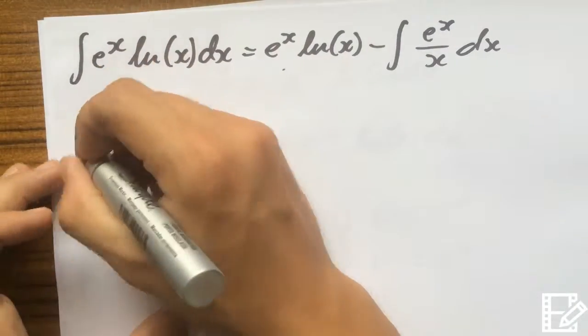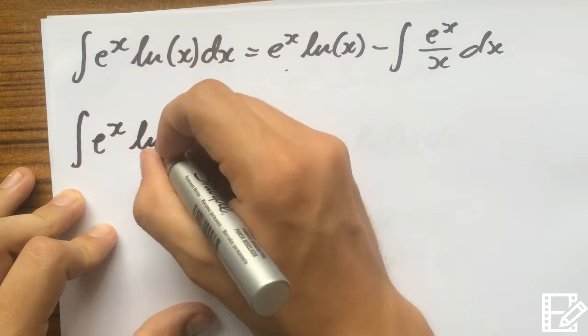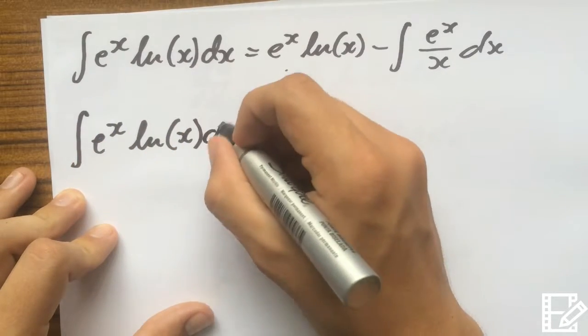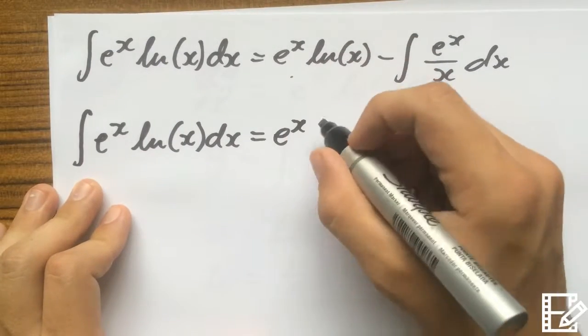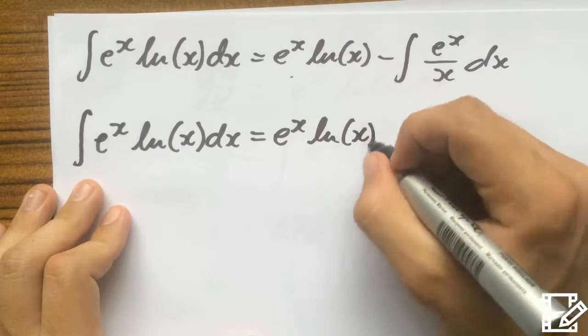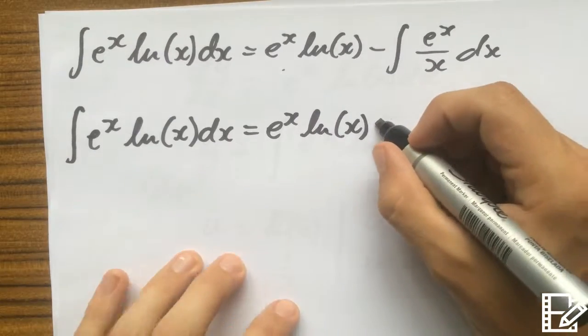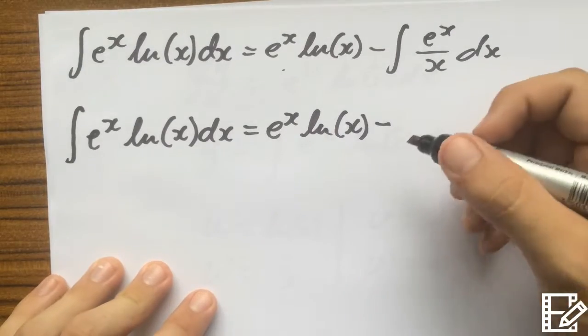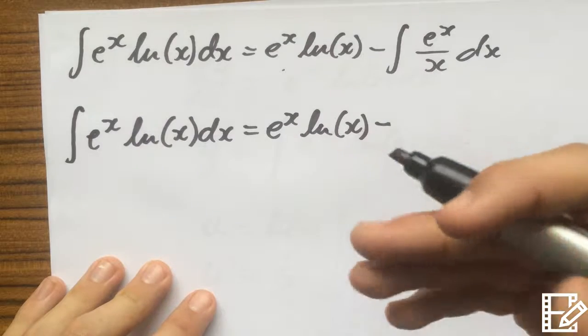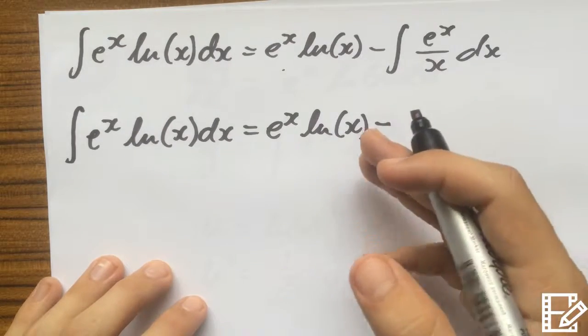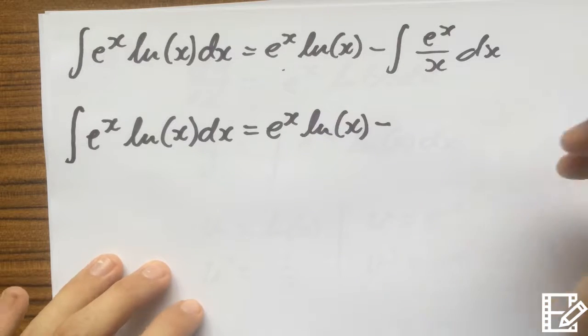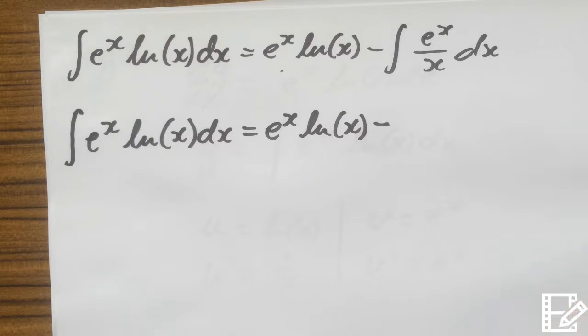but I'm going to rewrite this out because this will be answering the question now. Okay, e to the x multiplied by ln of x minus. Now, just like before when we had cos x on x, that was a capital Ci x, signifying that it was the integral of cos x on x.